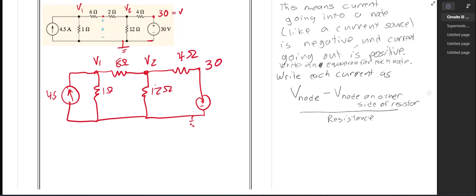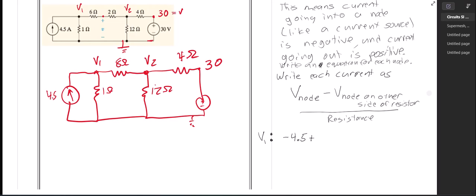So I'm going to start by writing my equation for V1. First of all, I've got a 4.5 amp current going into the node. That makes it negative, so that's just negative 4.5. Plus, now all of the currents that I'm going to draw coming out of this are going to be plus, and it'll be V1 minus some other voltage.